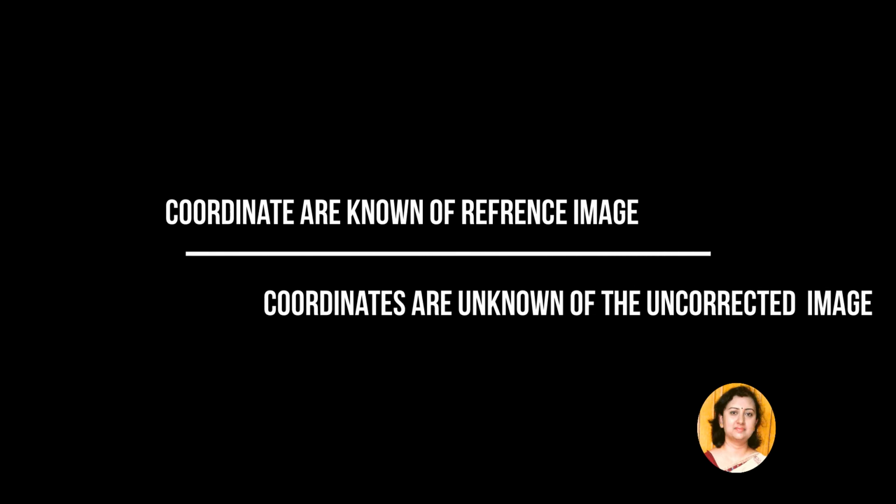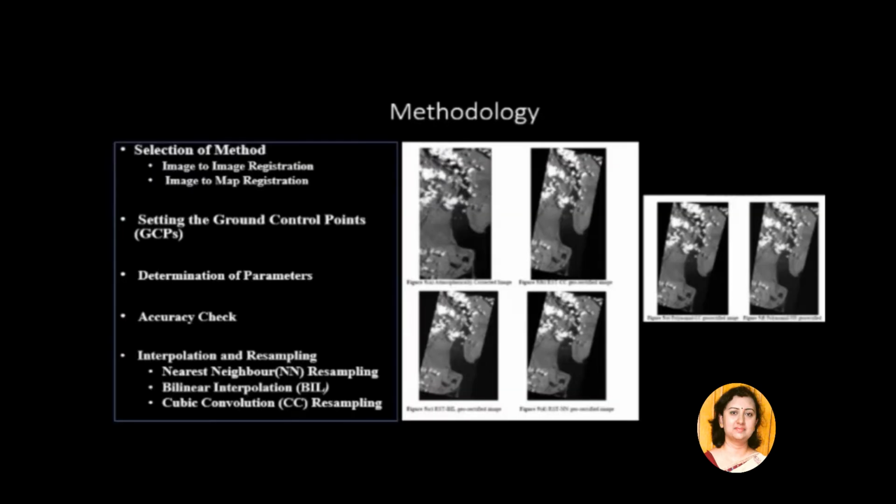So on one image the coordinates are known to you, and on the other image they are not known. You need to place the coordinates of objects on the unknown, uncorrected image.